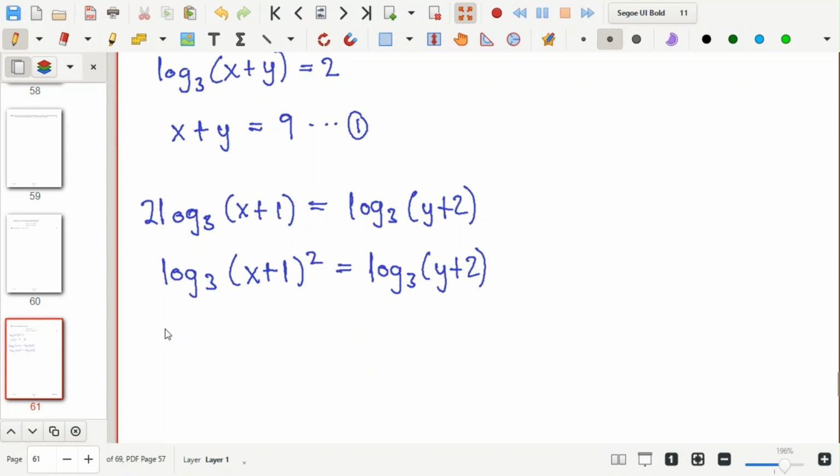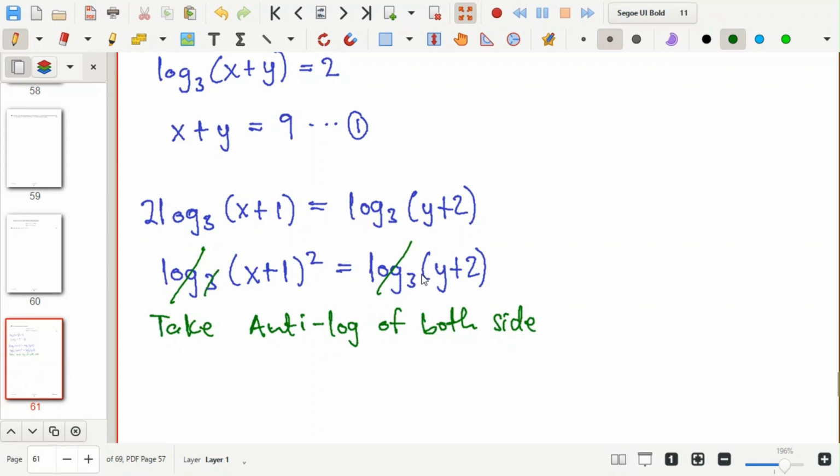So at this stage, I can take anti-logarithm of both sides. So that means I can cancel my log along with its base. In other words, I can just equate the argument.